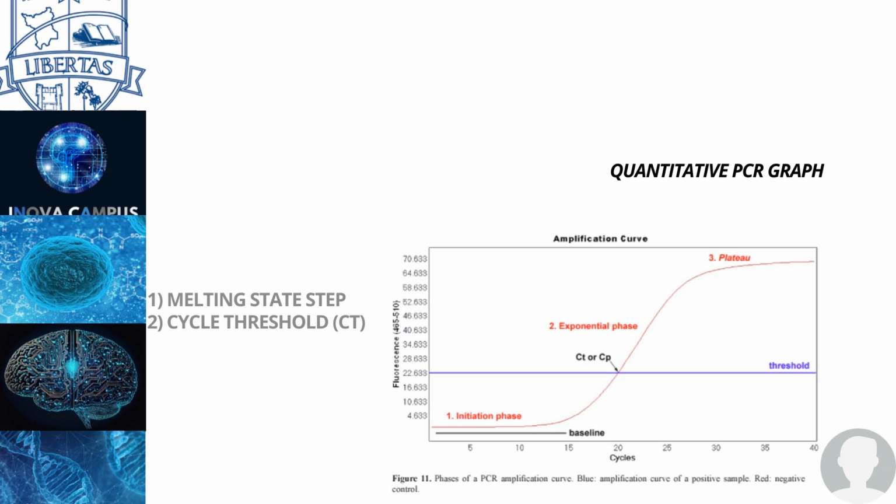So if I have gene number 1 peaking at cycle number 9, for example, at the ninth cycle, and gene number 2 peaking at the 12th cycle, I have to understand that gene number 1 is more abundant because it took fewer cycles to peak.